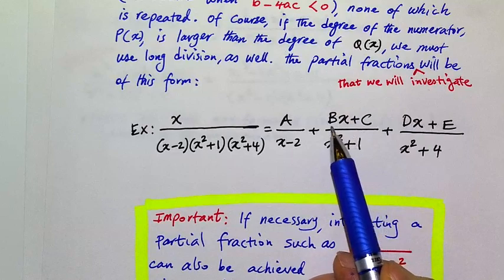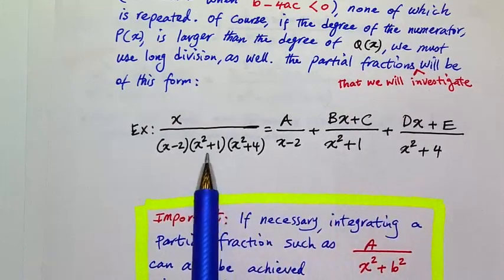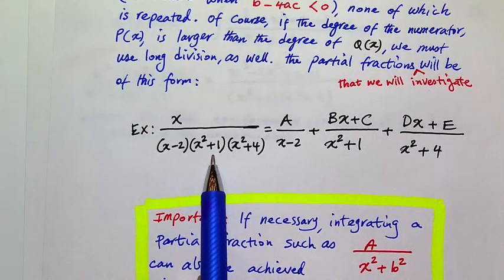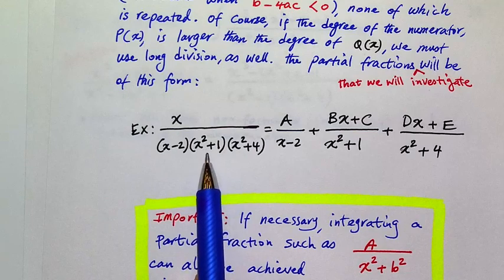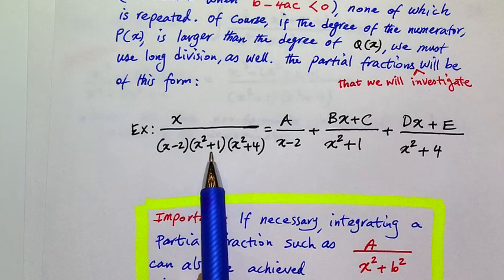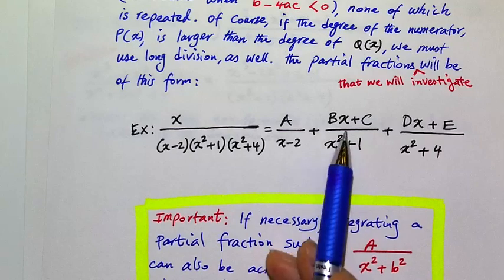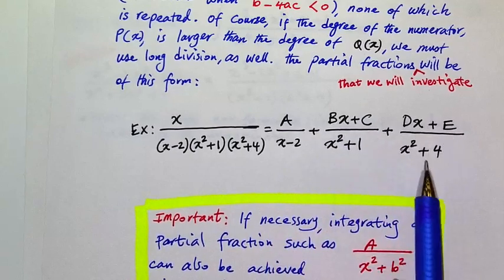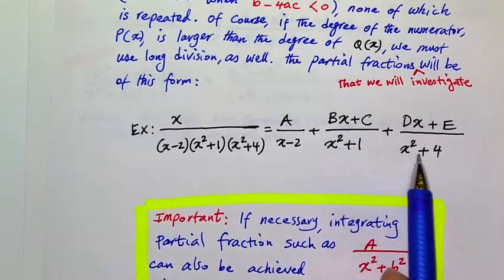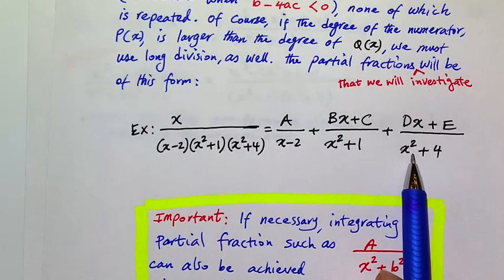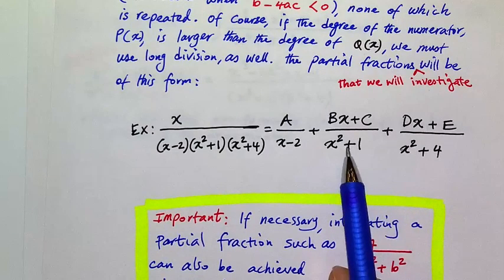It has to be bx plus c because you have a non-reducible or non-factorable quadratic denominator here. Okay, that's why we have bx plus c, dx plus c, because look at the denominators. They're non-reducible or non-factorable quadratic expressions.